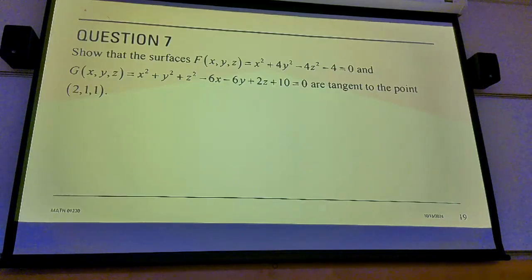So they would be the same tangent, right? They'd share a tangent plane at that point.